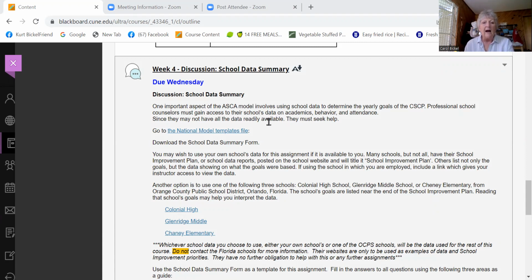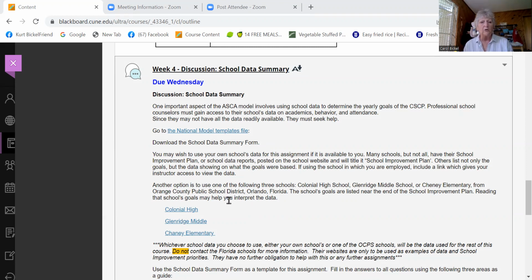So I have in this file, as I said, you could use your own school. If you do that, could you please give me some sort of access to that information, whether it's copying it or maybe giving me a link to your school's data, if at all possible.